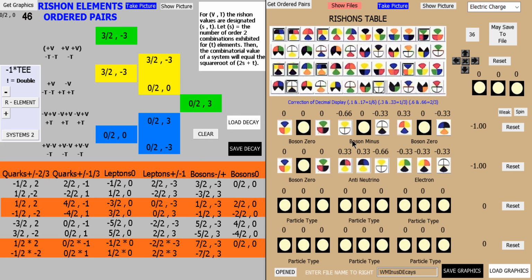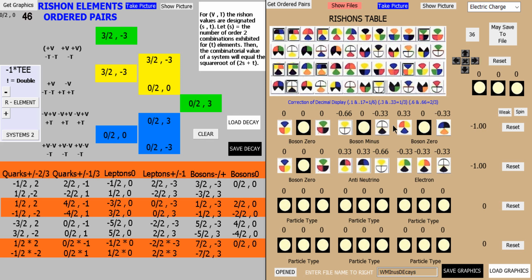On the scalar boson minus, the two components, the anti-V prime and the anti-T prime, contribute a minus 2/3 and a minus 1/3, which sum together to a minus 1 electric charge. And the V and anti-V pair contribute no charge.